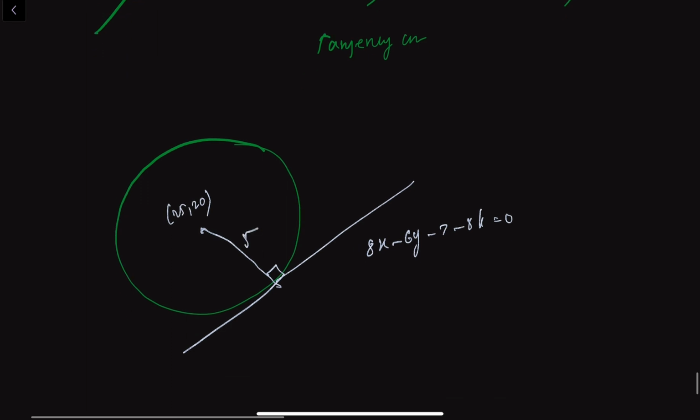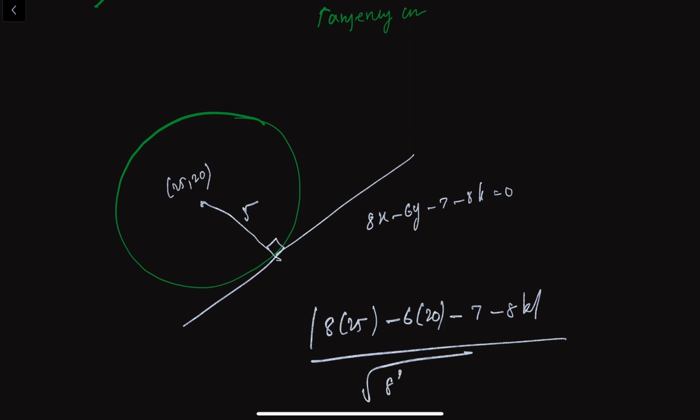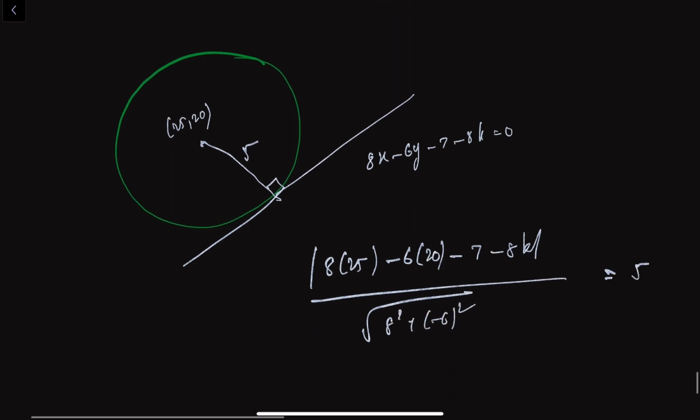So the length of the perpendicular will be |8 × 25 - 6 × 20 - 7 - 8k| divided by the square root of 8² + (-6)², which equals 5.